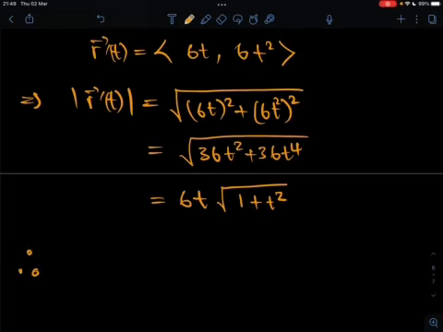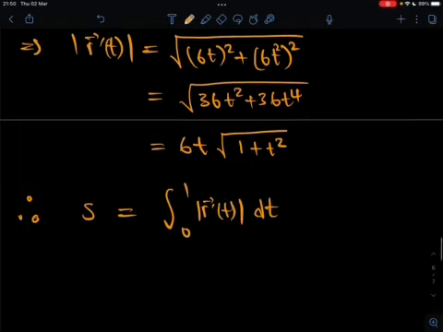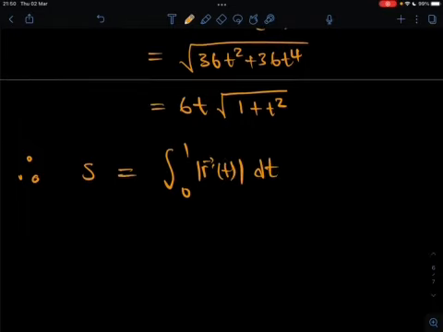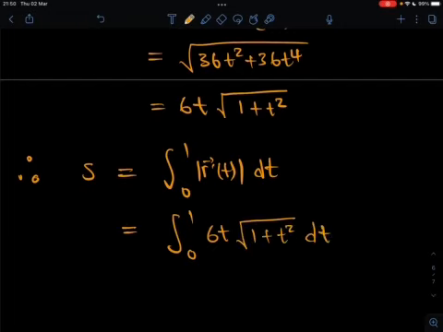So the length of the arc that we're looking for, S, is equal to the integral from 0 to 1 of the absolute value of r prime of t dt. So what does that give us now? So it is the same thing as the integral from 0 to 1 of 6t root of 1 plus t squared dt. So how can we deal with this?